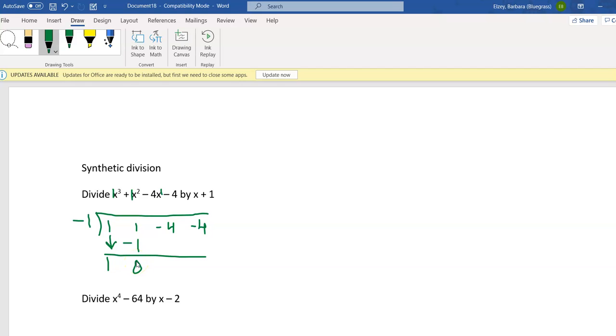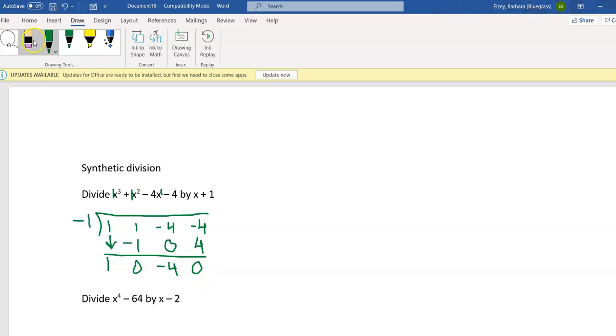Now I'll repeat, multiply, add. -1 times 0 is 0. Add the column. That's -4. And I'll repeat, multiply, add. -1 times -4 is +4. Add the column. That's 0.